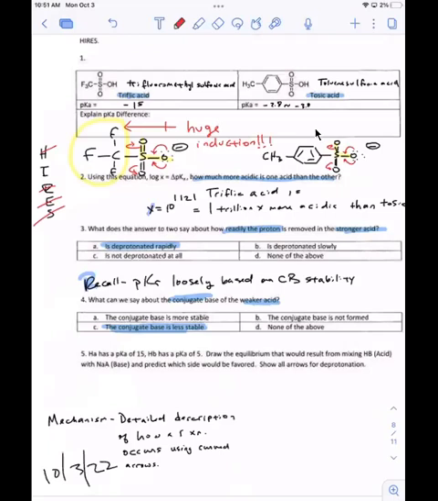Yeah, great question. So we got all this induction from the CF3 group. That's actually a really good group to create induction and polarity. It's got huge induction, right? Plus resonance. On the other side, you have a little bit of induction from the aromatic ring, but not much, plus resonance.